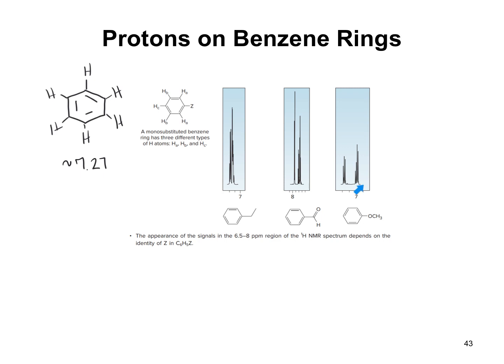If you've got an ether, you see a split peak like this. So where it appears really depends on the identity of the group that's attached. They're all going to be between 6.5 and 8, and generally a mess of peaks because of all the electrons and that extra generated field that we talked about on the previous screencasts.